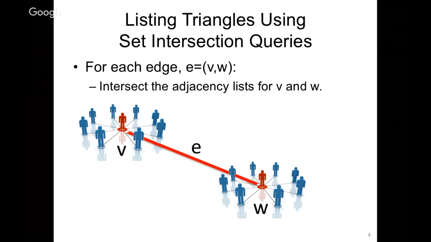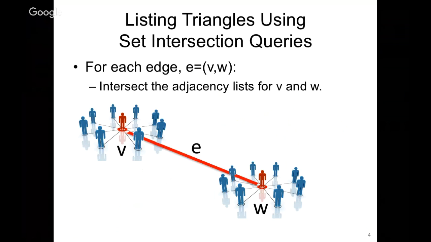And then for every edge, simply go to the adjacency lists for the two endpoints of that edge, V and W, and intersect those two sets. Every element that's a member of both of those sets must necessarily form a triangle with the base edge E. So a very simple algorithm, not all that efficient in the way that I've just described it.